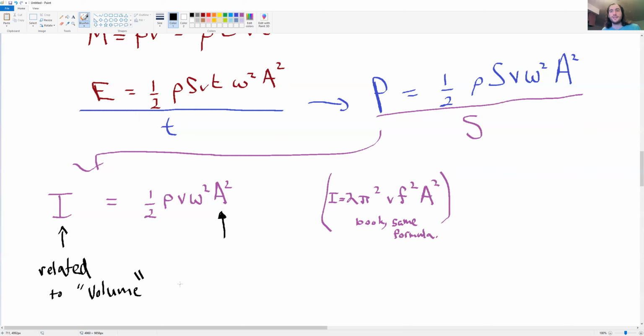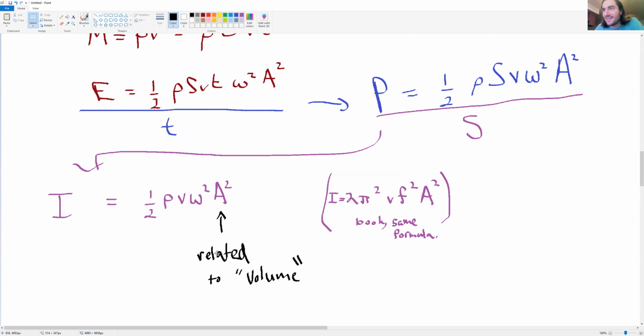So intensity is related to volume for sound. And the volume here depends on amplitude. Excuse me, I misspoke here. I said it completely backwards. I meant to say this. Amplitude is related to volume. Sorry.